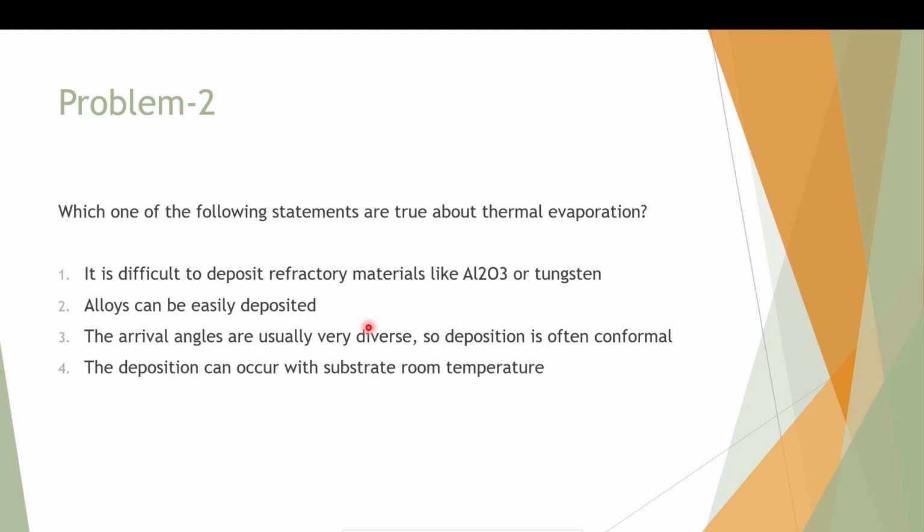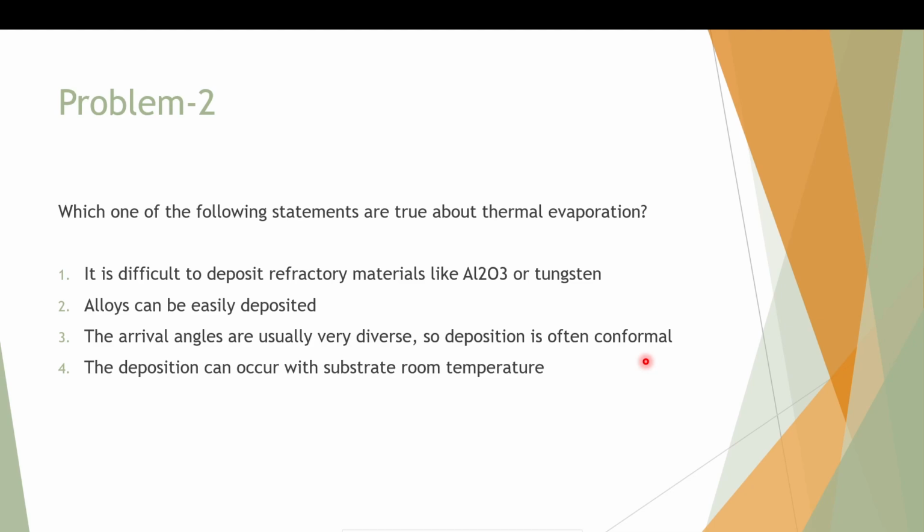Melting point will differ. The arrival angles are usually very diverse, so deposition is often conformal. In what cases will arrival angles be different? When our material is evaporating, if it encounters many particles on its path, then it will get scattered, and then it will have very diverse arrival angles.